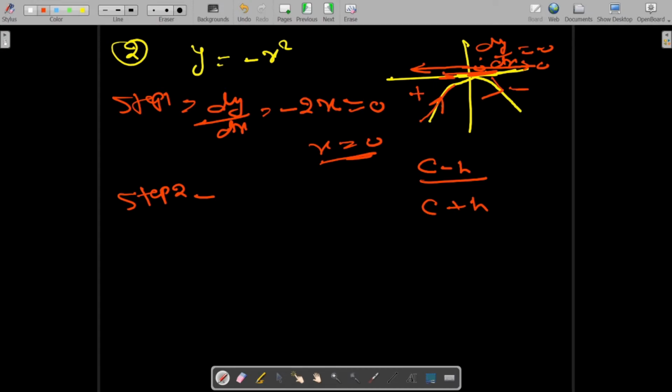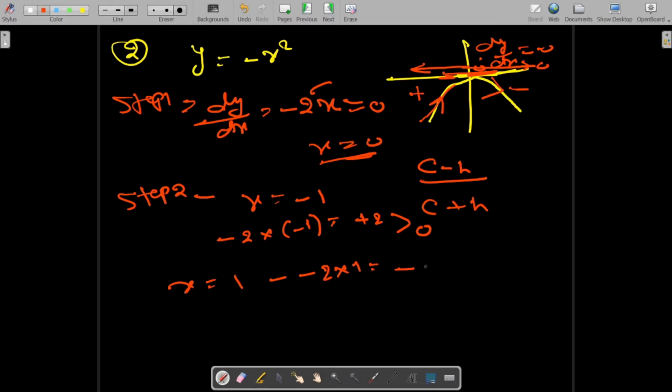So just put x equals minus 1, which is left side of 0. Minus 2 cross minus 1 is nothing but plus 2, which is greater than 0. And if you put x equals 1 in this equation, minus 2 cross 1 equals minus 2, which is less than 0.